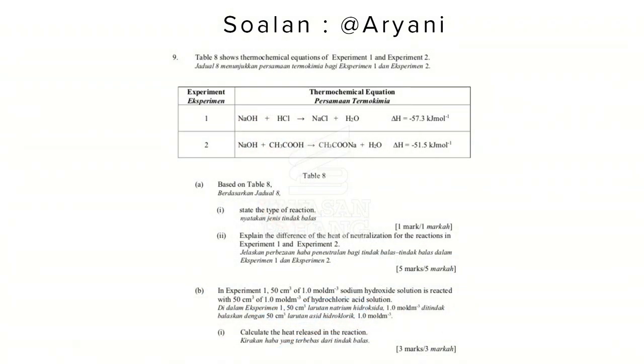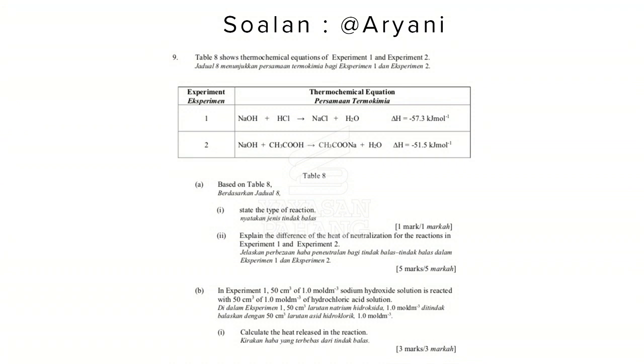Okay, third question. Table 8 shows the thermochemical equation of experiment 1 and experiment 2. So experiment 1 is sodium hydroxide with hydrochloric acid. You get sodium chloride and water. So this heat of neutralization is negative 57.3 kilojoules per mole.